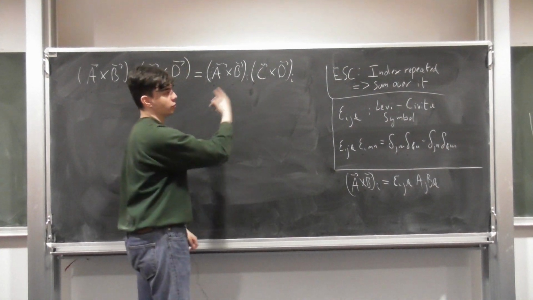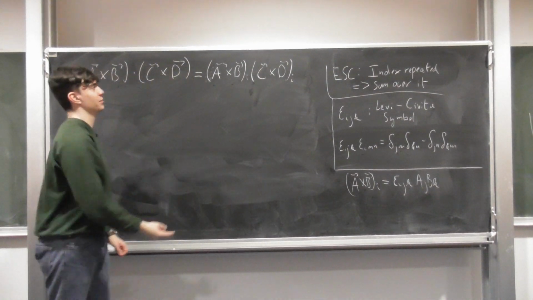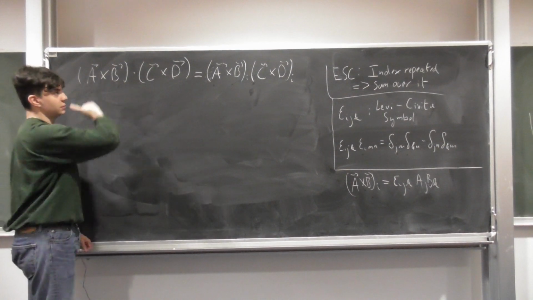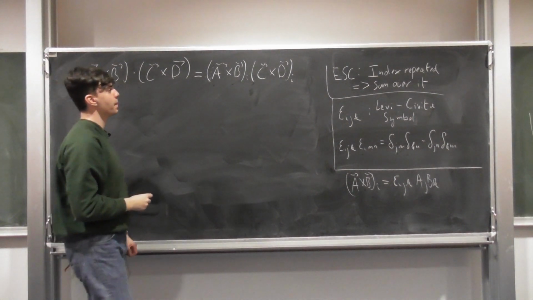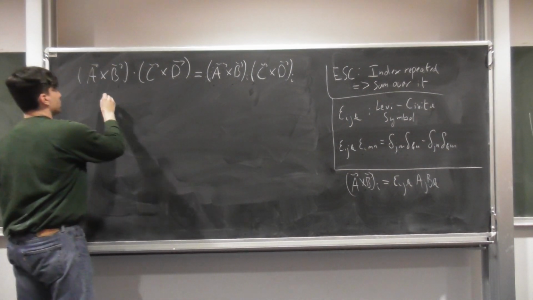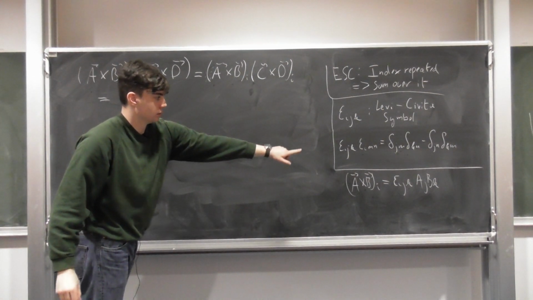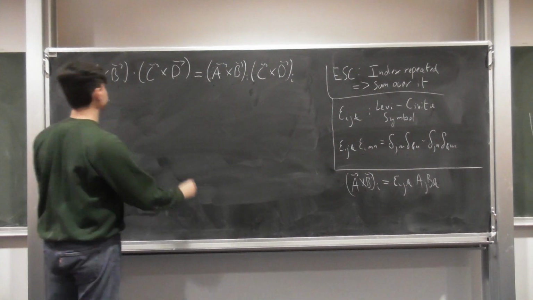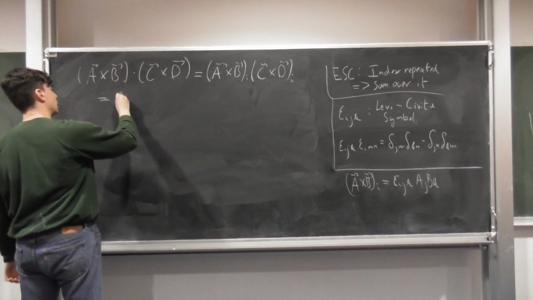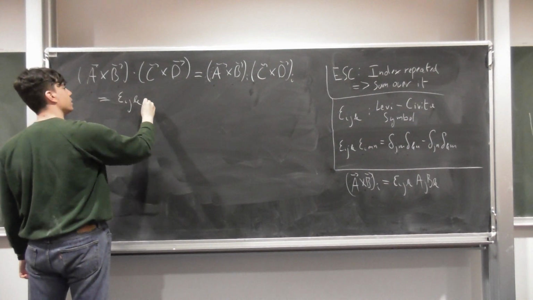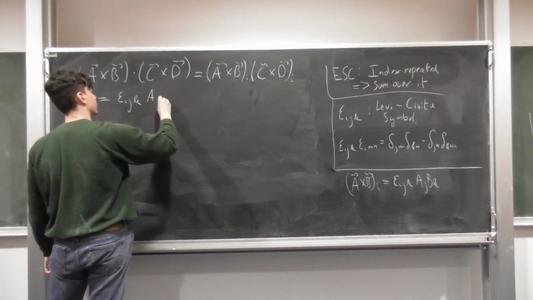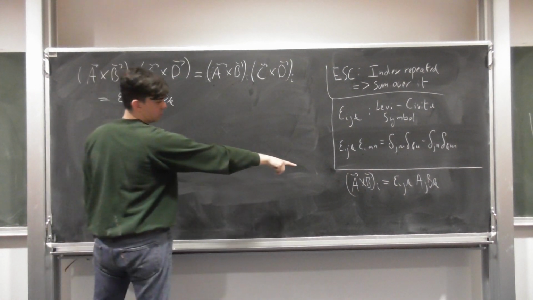Since the index was repeated, we're summing over that, and that is indeed the definition of this object. Okay. Now we're going to write these terms in terms of their Levi-Civita symbol. Okay, so it's going to be epsilon ijk a_j b_k from that.